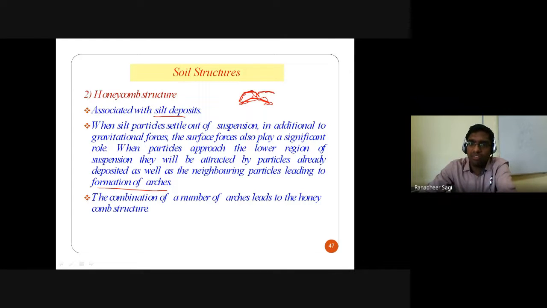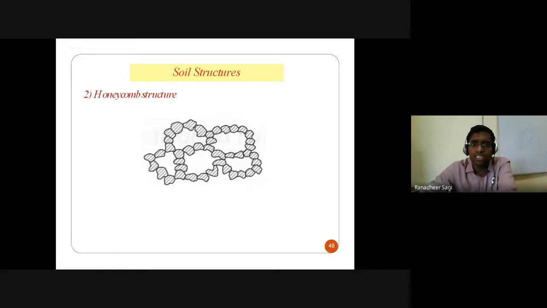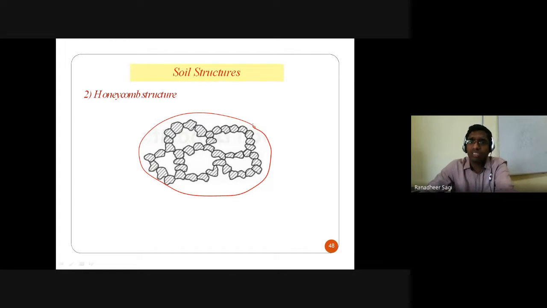Another similar deposition happens, another arch shaped formation of particles. So the combination of a number of arches leads to your honeycomb structure. So this is how, typically, we call it a honeycomb structure. Similar to a honeycomb, this soil skeleton structure is also going to look like that.